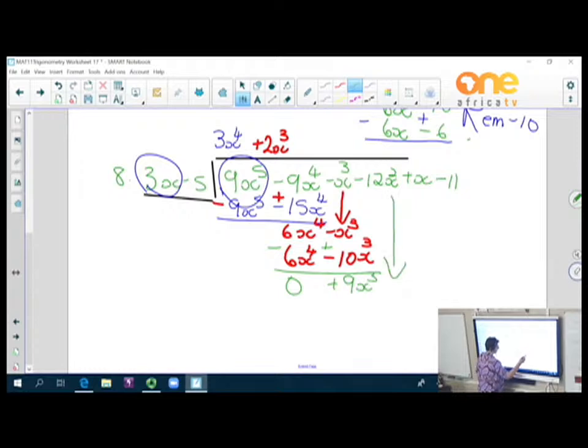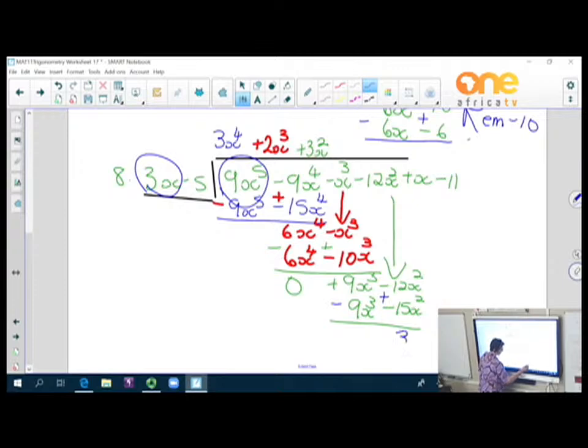Bring down that one, negative 12x squared. How many times will it divide? Plus 3x squared times. Multiply. Then you have 9x3, and there it will be minus 15x squared. So we change the second signs and add.